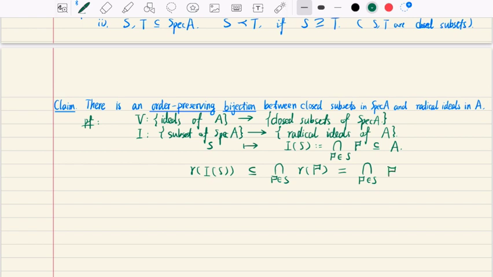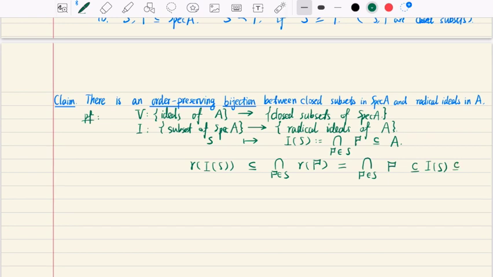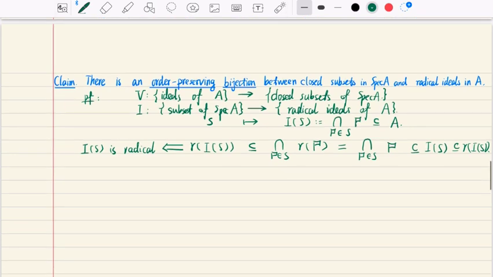So this one is in fact included in IS, and IS is also contained in the radical. So we get that IS is a radical ideal. So that is a map, and we need to prove I is also an order reversing map.